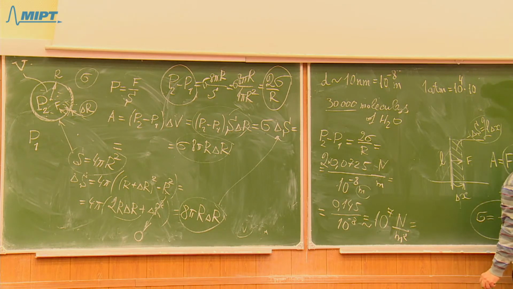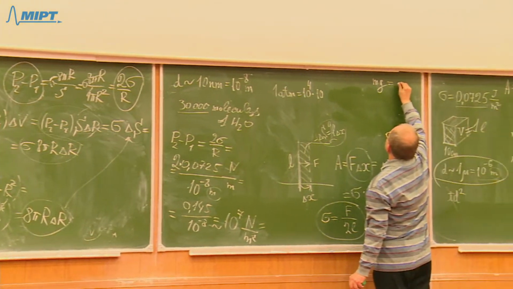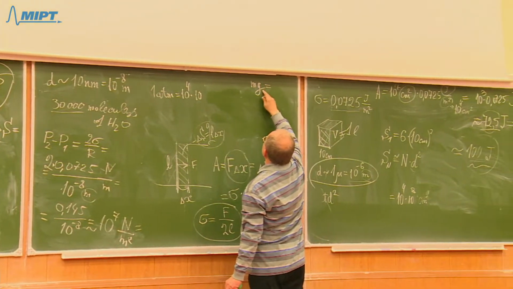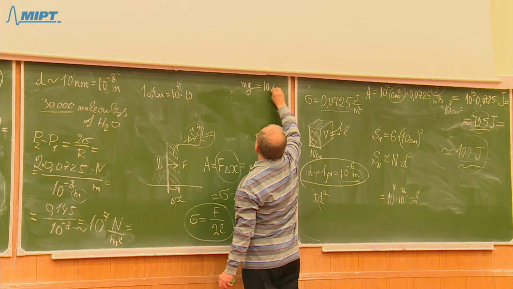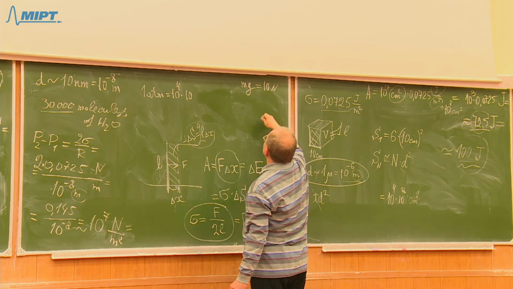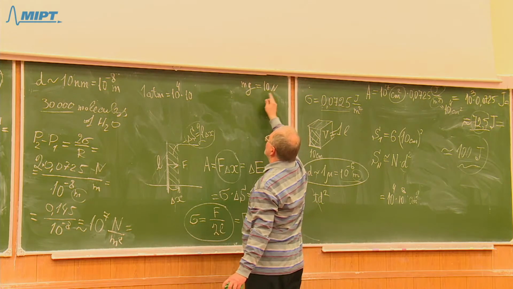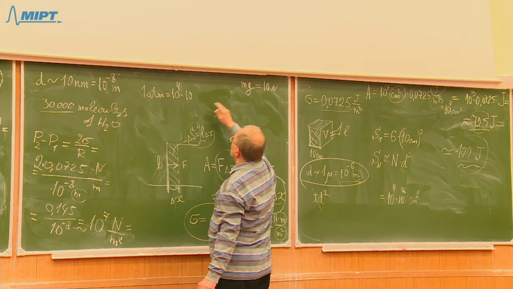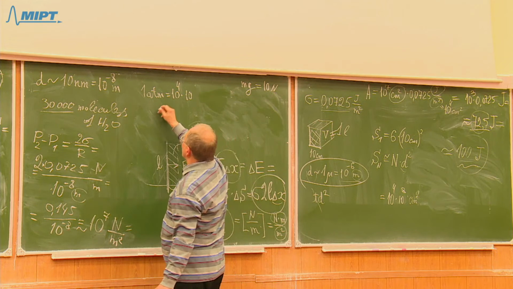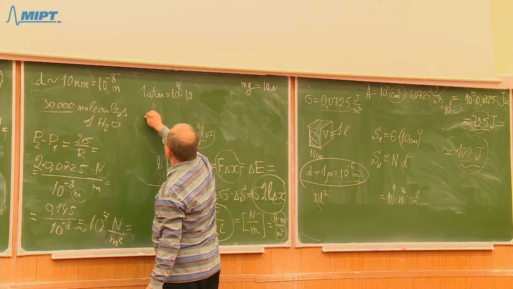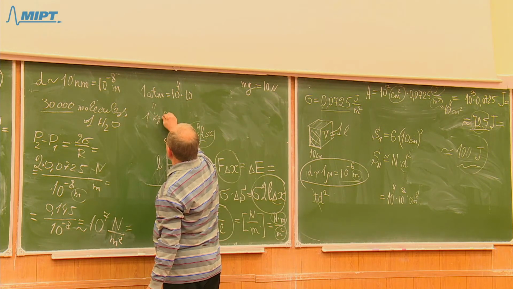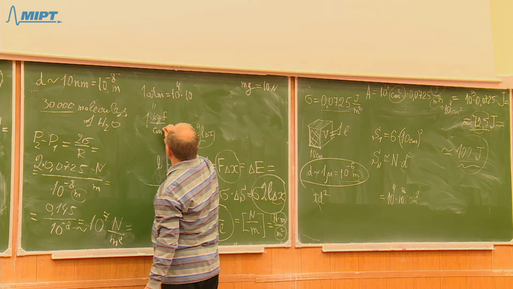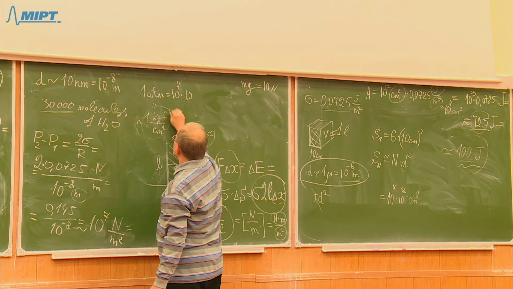I told you that 1 kilogram force is the weight of 1 kilogram mass. That is, if you take 1 kilogram times g, that will be approximately 10 newtons. So 1 kilogram force is approximately 10 newtons. So 1 atmosphere is approximately 1 kilogram force over centimeter squared.